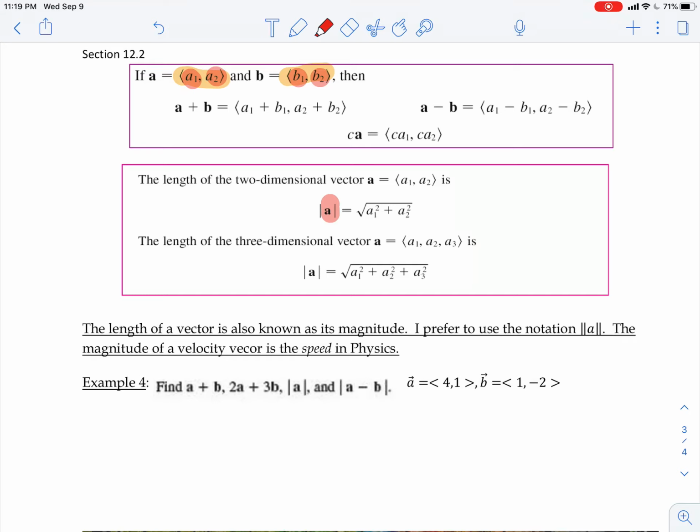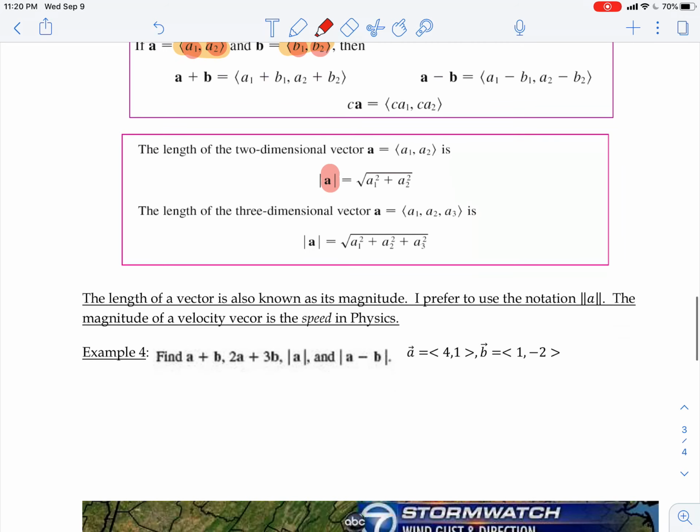So we take the sum of the squares of the values in our vector, and take the square root of that, and that gives us the length. And again, for the three-dimensional vector, it's not much different. We just make sure that we add in that third term underneath our radical.